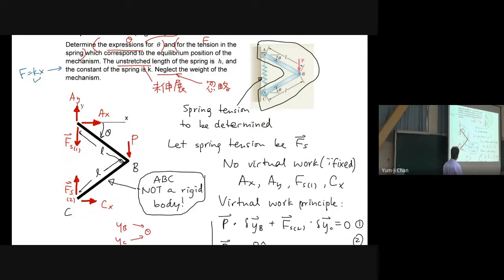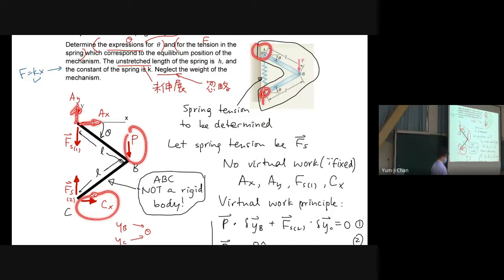So we have these forces. You can check it. Because this one is a roller support, we have only Cx, we don't have Cy. And we have P, and because A is a pin support, we have Ax and Ay.